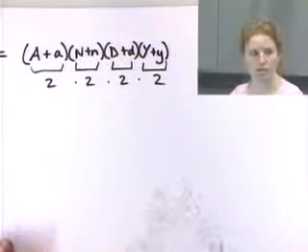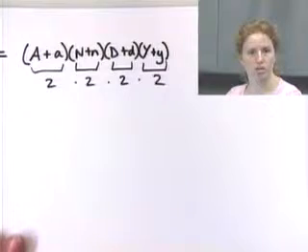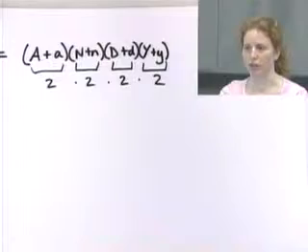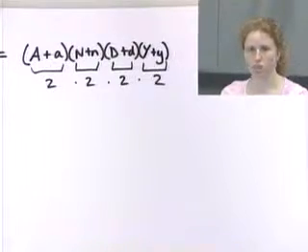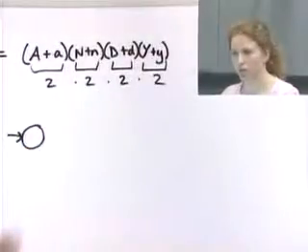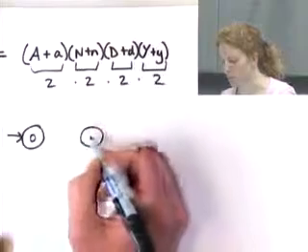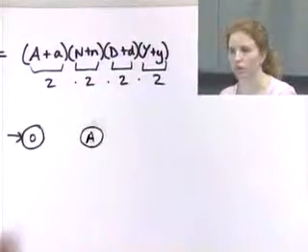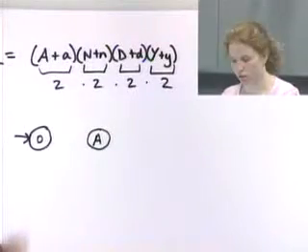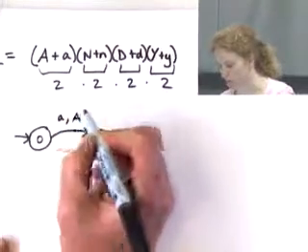Okay, so how do we draw a finite state machine for this? Each state represents getting part of the input that I want. So I have a start state always, right? And then I need to have a state that means I got the A, either the little a or the big A. The transition can be labeled with all the acceptable inputs.